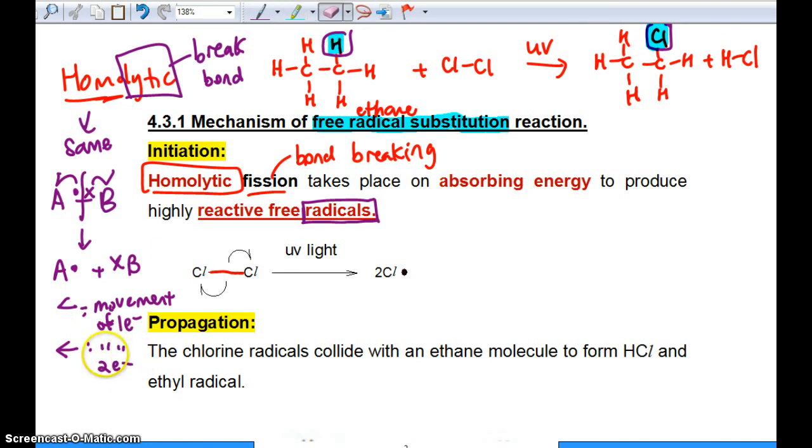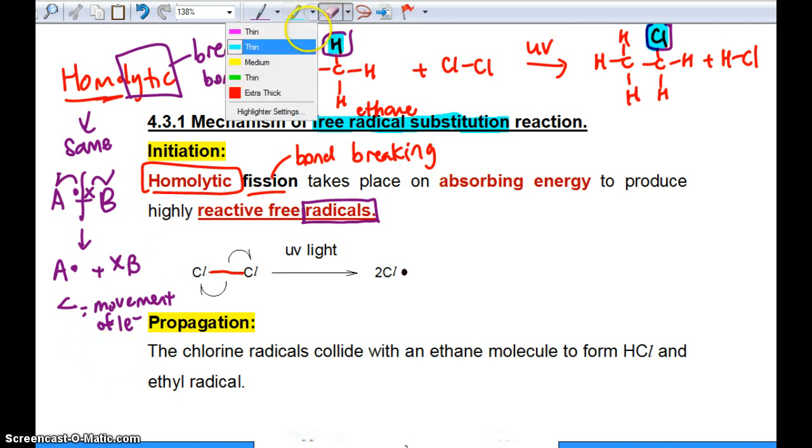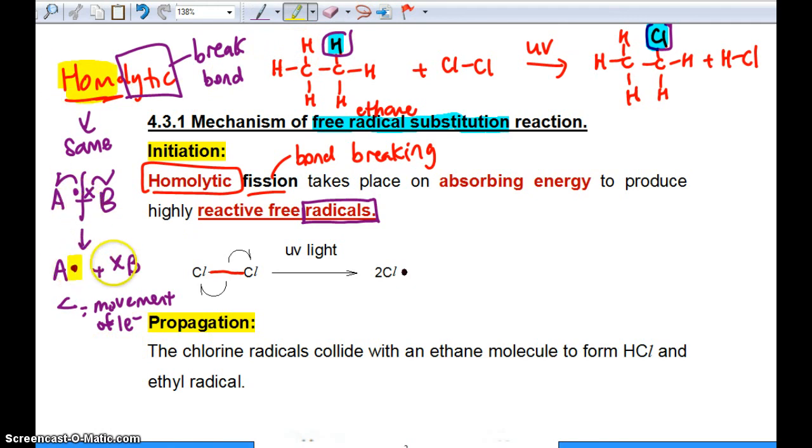So we are concerned with homolytic bond breaking. I repeat, it just means that the bond breaks such that each atom gets the same number of electrons, which is 1. So when the AB bond breaks, each atom gets only 1 electron. So when the Cl-Cl bond breaks, I use the half arrow to represent that 1 electron goes to the left hand side chlorine, another electron goes to the right hand side chlorine.